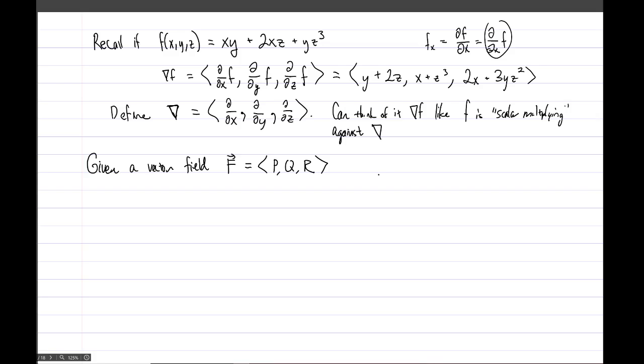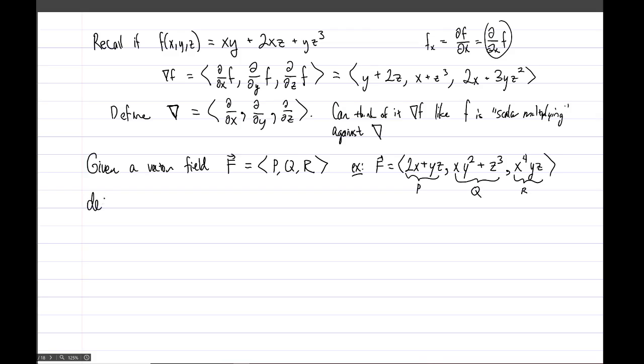As an example of a vector field, we might have capital F equal to angle bracket 2x plus yz, comma, xy squared plus z cubed, comma, x to the fourth times y times z, close angle bracket. So in our example here, there's capital P, capital Q, capital R.